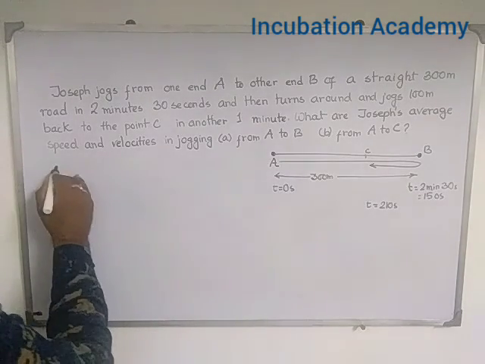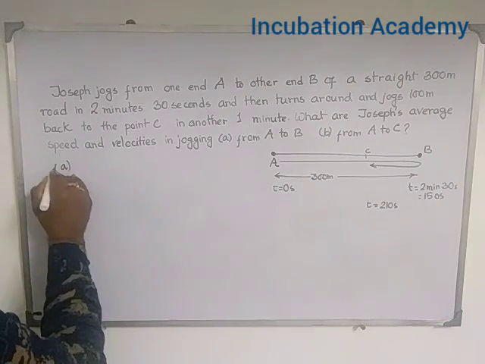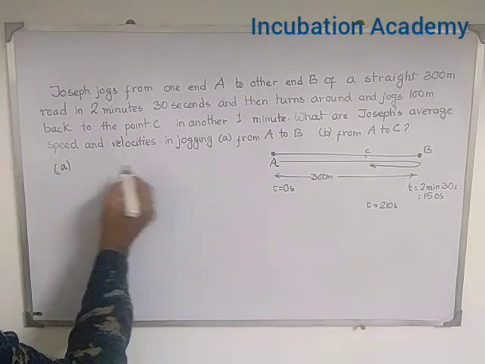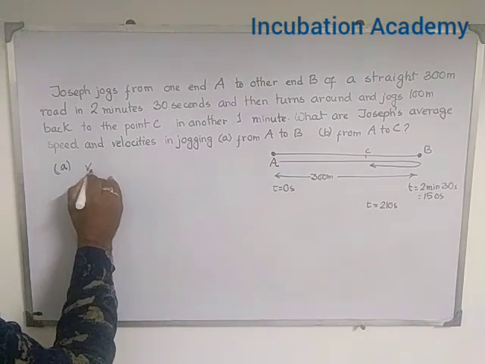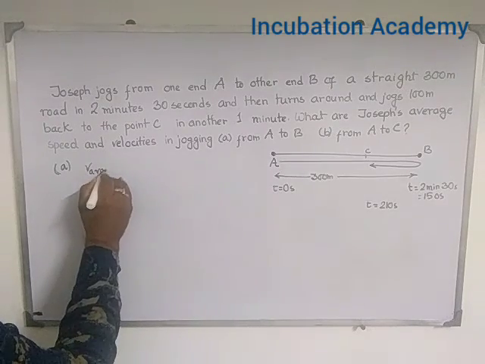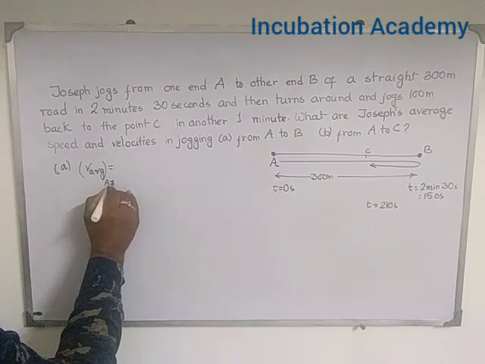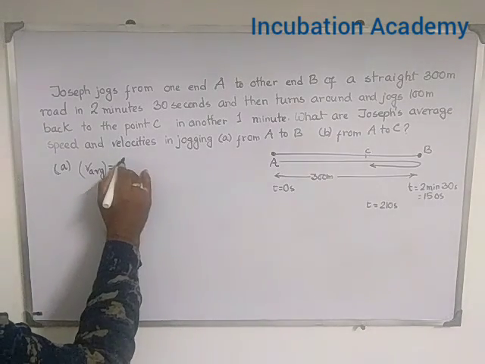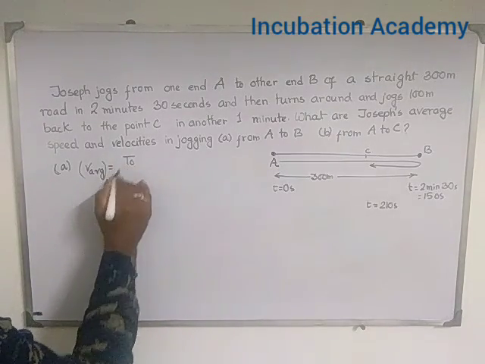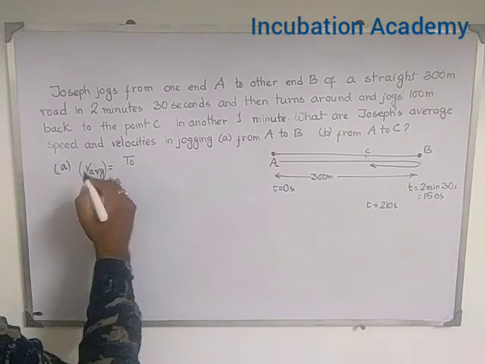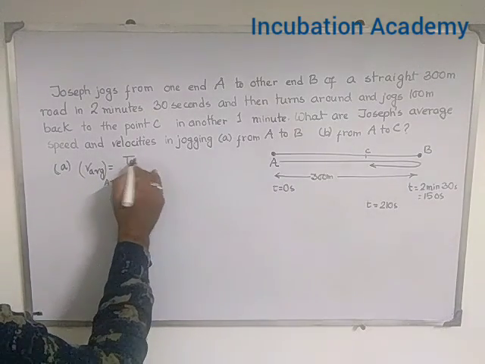So let us do the first part, that is capital A. It is said the average speed. So V average from A to B. What is the total path or total distance in moving from A to B?